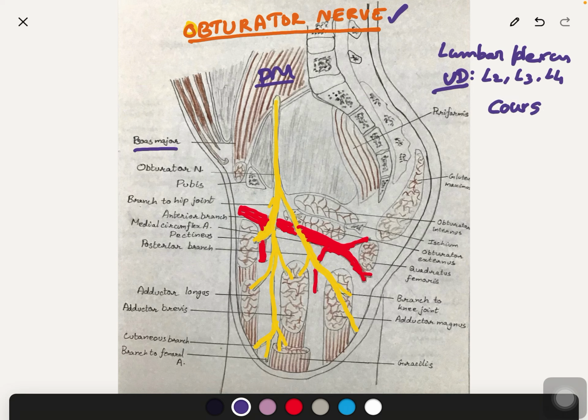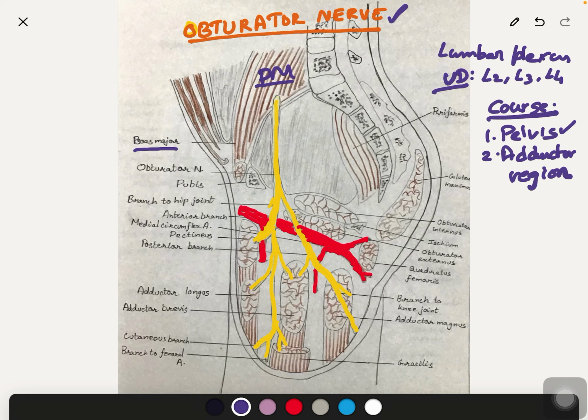The course of the obturator nerve is partly in the pelvis and partly in the adductor region. If the course is asked, you should write the course in both parts with its relations. First, the course in the pelvis.